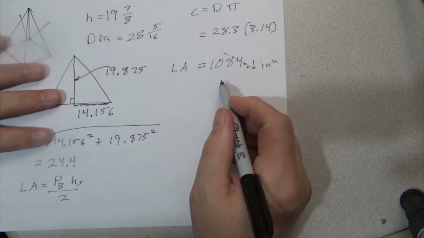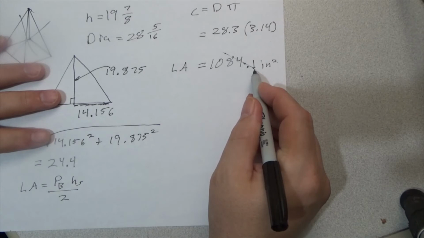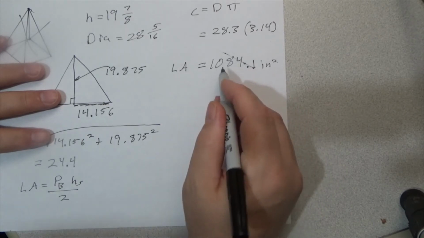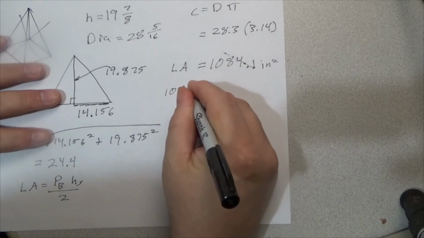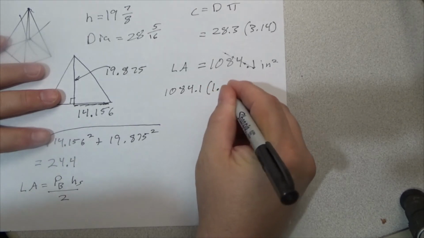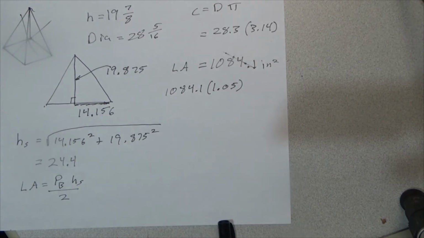So one thing I could do is multiply this number by 0.05, and then add whatever I get back to that, or I can multiply it by 1.05, where the 1 is the original number added back to it.